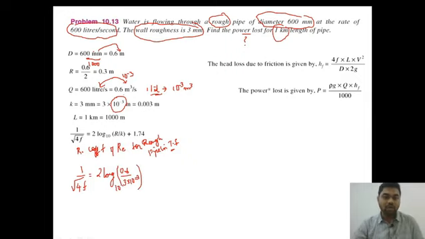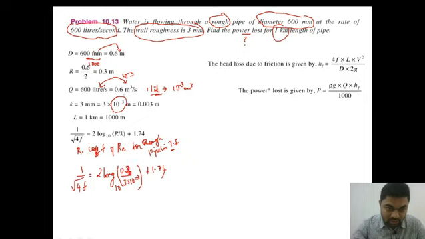2 log 0.6 by 3 into 10 to the power of minus 3 to the base 10 plus 1.74 plus 1.74. Okay. So from this, what will be the value of... just look at over here, this is not 0.6, the diameter is 0.6, whereas radius is 0.3.